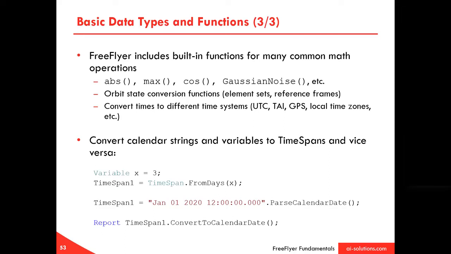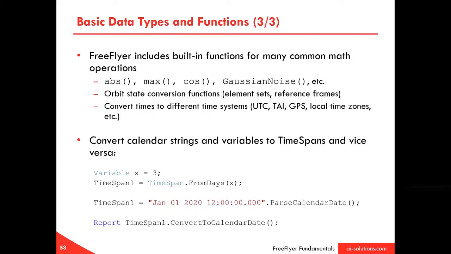When working with these basic data types, there are various built-in functions that provide useful math operations, as well as orbit state conversion functions to let you convert spacecraft orbital elements between different element sets, or converting the orbit state to different reference frames. There are also built-in functions for converting between different time systems, such as UTC, TAI, GPS time, or between different local time zones.